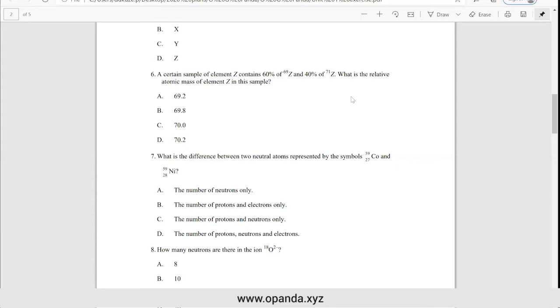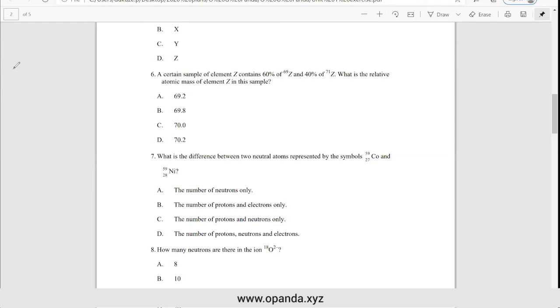For number 6, we said that... Pacific, how do we calculate the relative atomic mass? I tried to do it myself, but the answer is not matching. So let us take 60%.